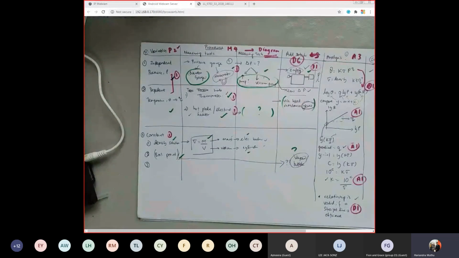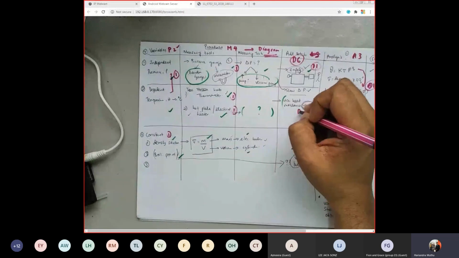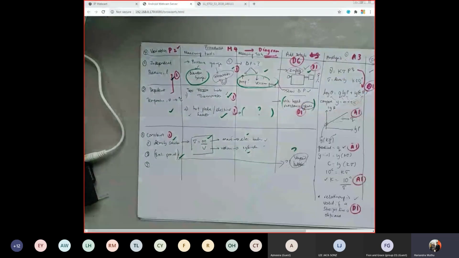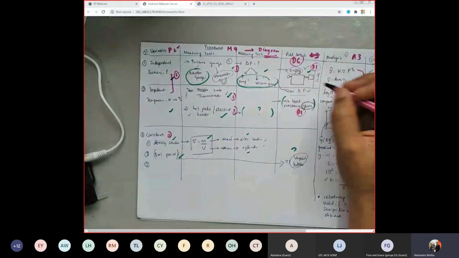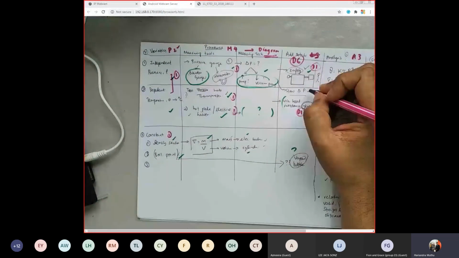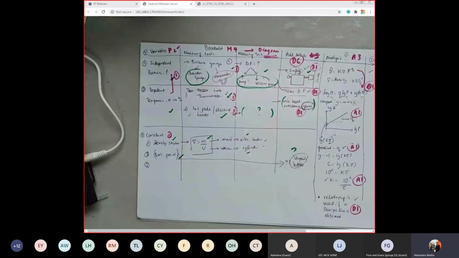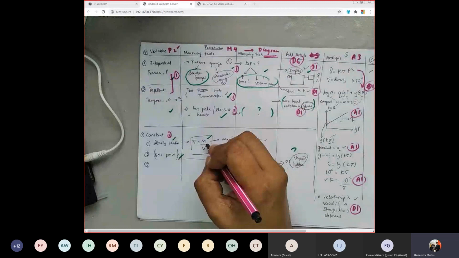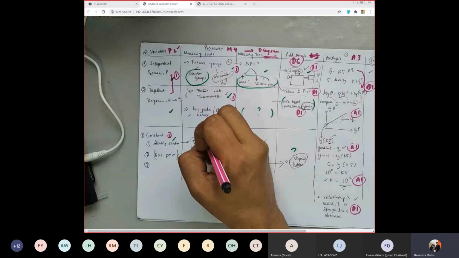If you use protective heat resistant gloves, you score 1 mark. Okay, right. Slow change of pressure, okay, you score 1 mark, right? Using this particular formula to find the density of the salt solution, you score 1 mark.